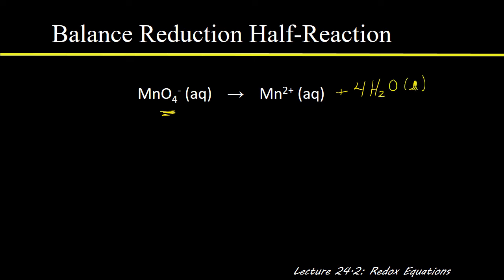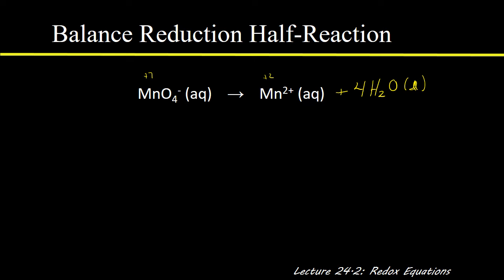Oh, I forgot the electrons again. Manganese in this case is going from +7 to +2, which means it's gaining 5 electrons. So when we get to the end of this, we expect that we're going to need to have 5 electrons in our balanced equation. We'll see if that happens. All right. We've balanced our manganese, we've balanced our oxygen.